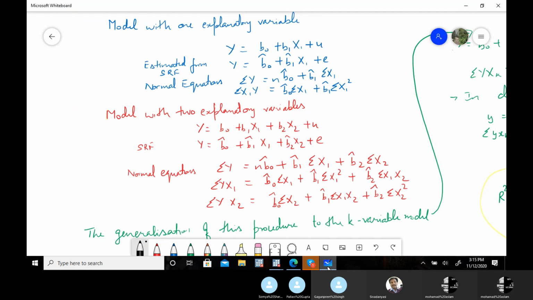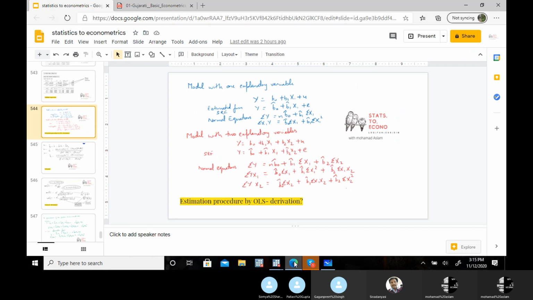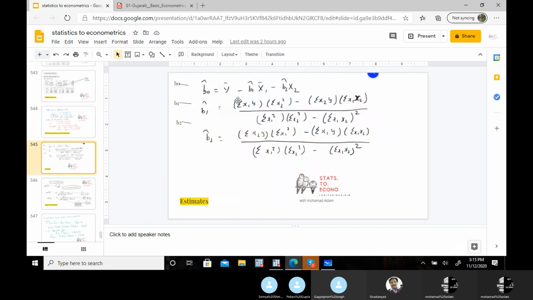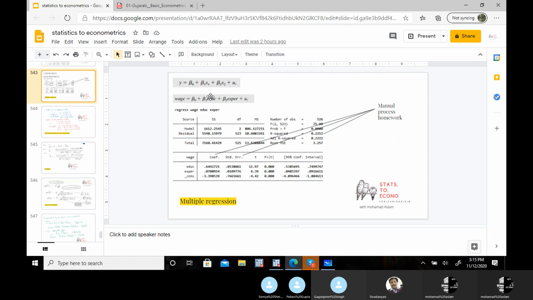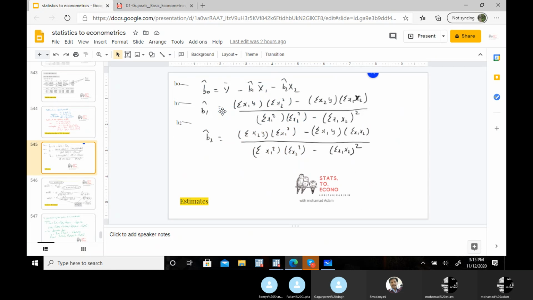Let me solve it again for you so that you can understand these equations. If you solve these equations, then you will get these estimates: the intercept coefficient, beta 1 hat and beta 2 hat. Let's suppose beta 1 is the coefficient for education in your model, and beta 2 is for experience.